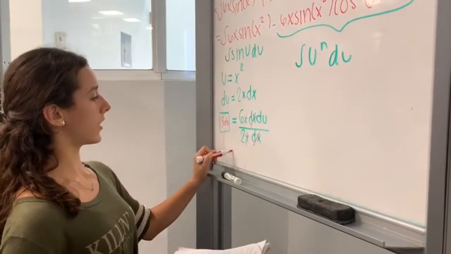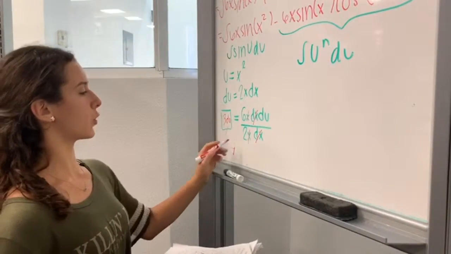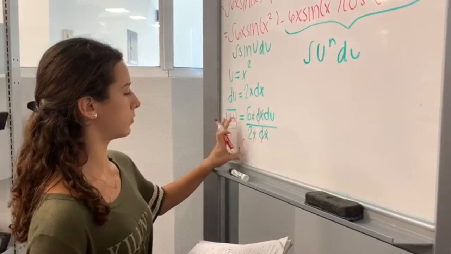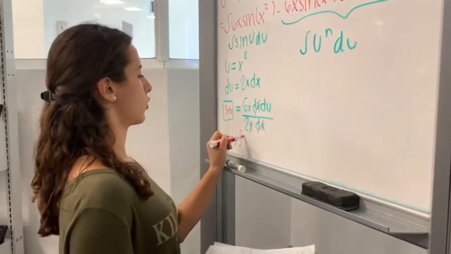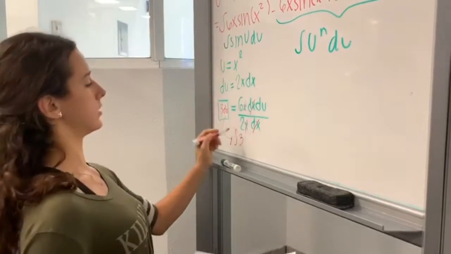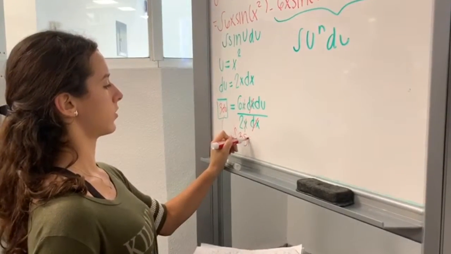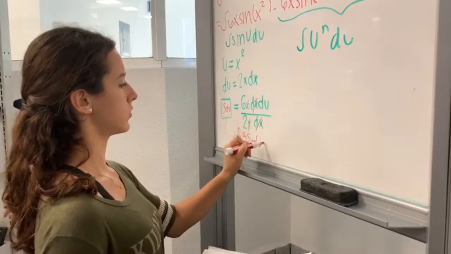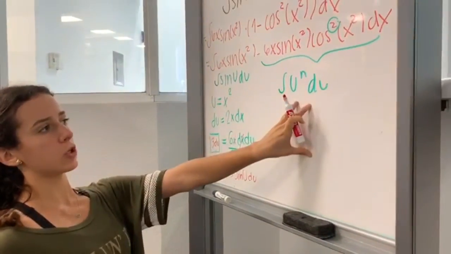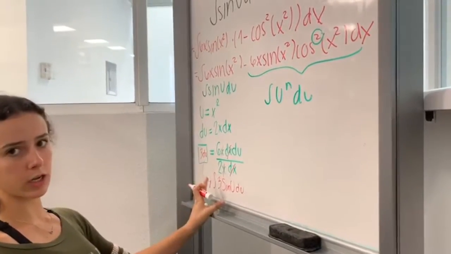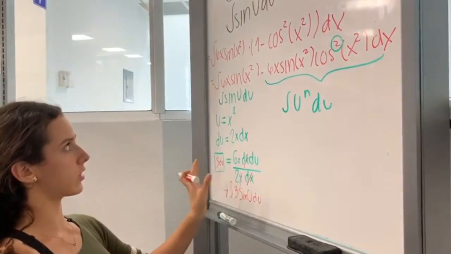After finding out the information from our box, we rewrite the integration, which will be 3 sine u du. We're gonna solve first the u and du before integrating completely this problem.